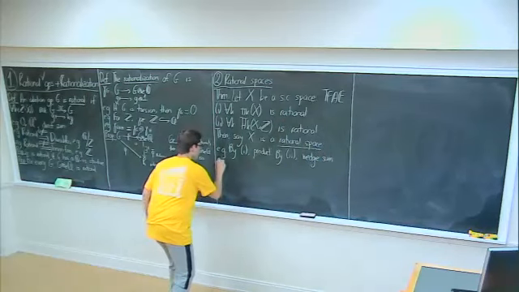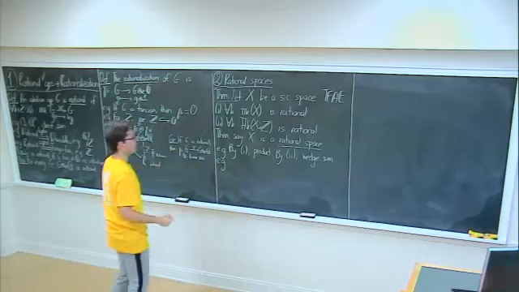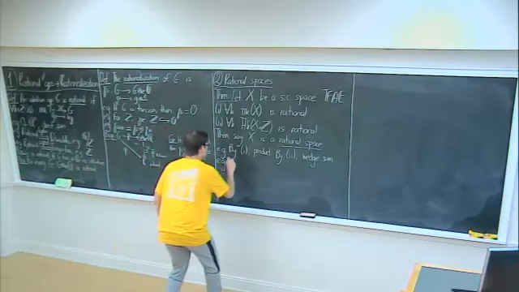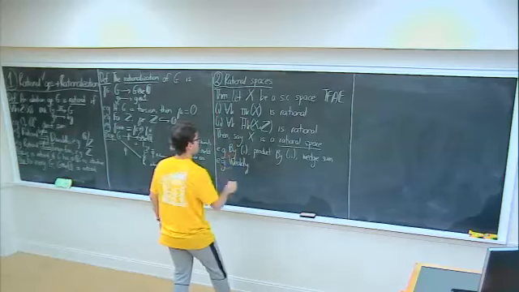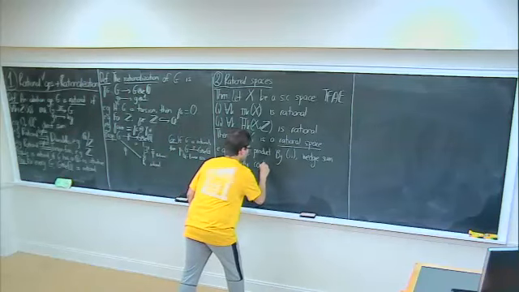But now, an example of a space which is rational, and kind of a silly one: if a space is weakly contractible, then it's rational because 0 is a rational abelian group.